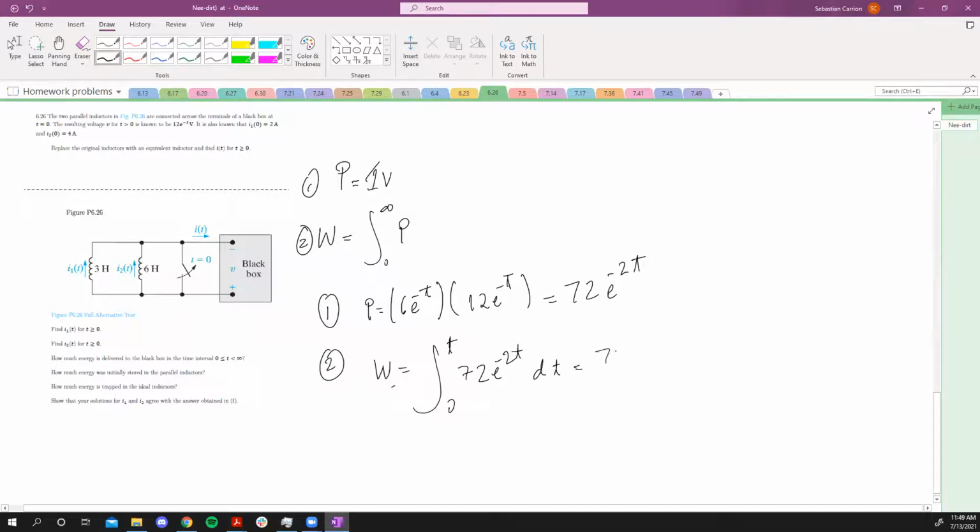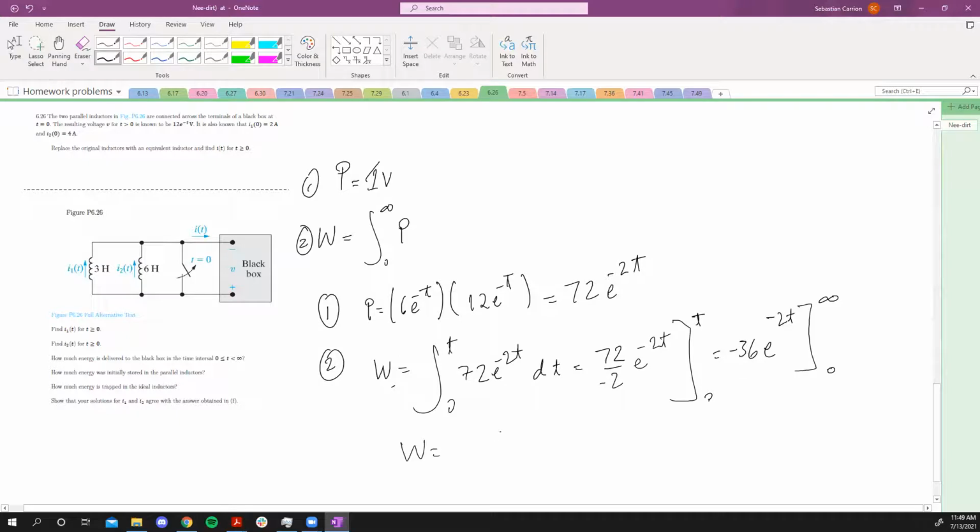This would result in 72 over negative 2, which is negative 36 e to the negative 2t, from 0 to infinity.